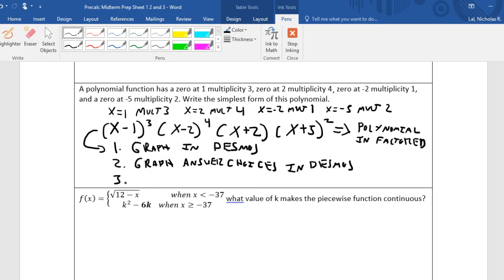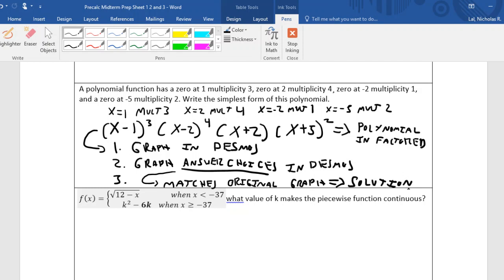And then 3, whichever answer choice matches the original graph is the solution. So once you get this polynomial in factored form, you just have to take your answer choices in expanded form and find the solution, just because that's going to be faster than expanding all of this out.